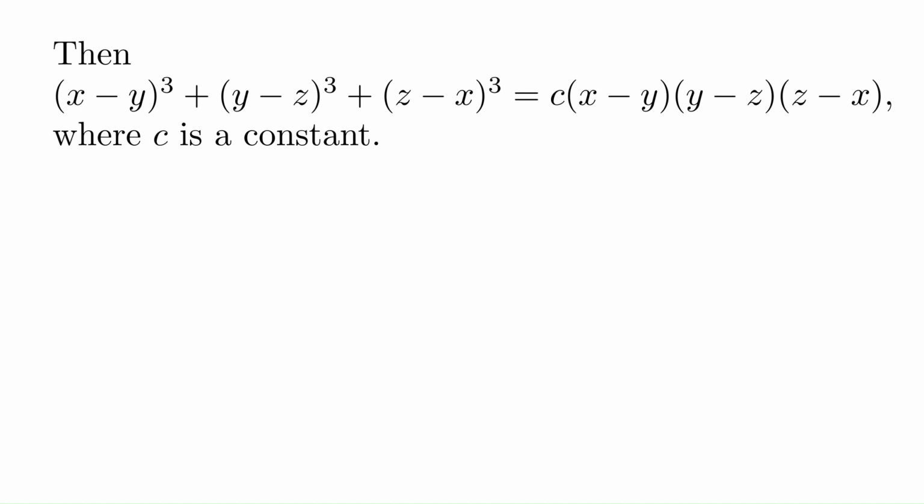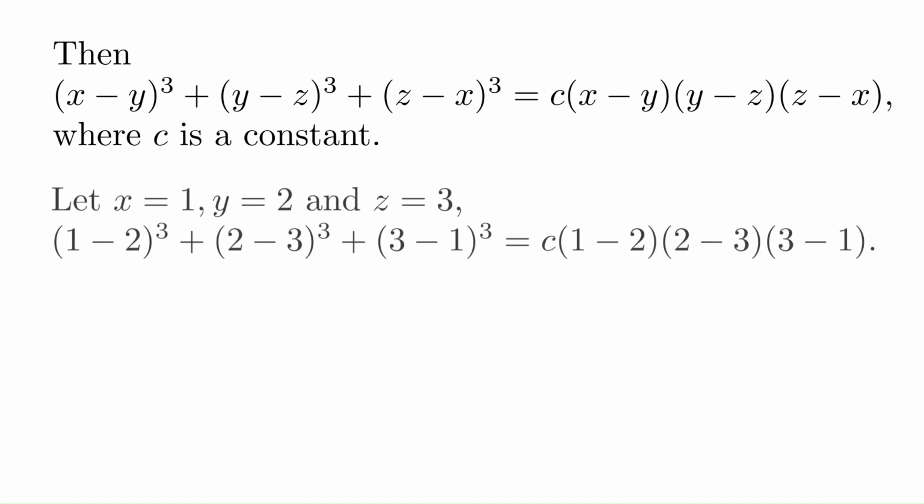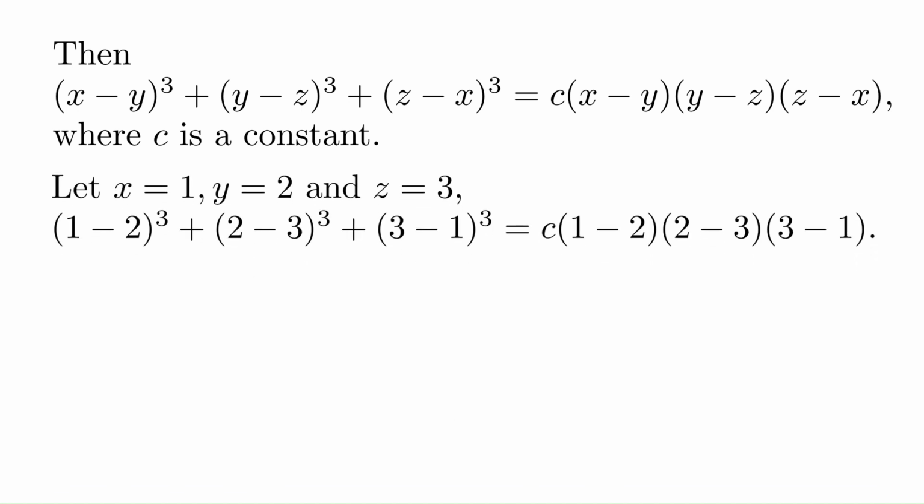In order to determine the constant c, we try x equals 1, y equals 2, and z equals 3. Plug them in. We have (1 minus 2) cubed plus (2 minus 3) cubed plus (3 minus 1) cubed equals the constant c times (1 minus 2) times (2 minus 3) times (3 minus 1).